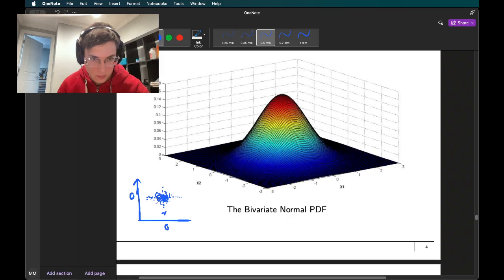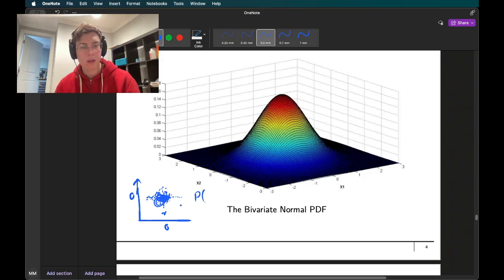So it's like a hump in 3 dimensions. The PDF has lots of points here. We can also represent it as a probability, but it's uncorrelated. It's very hard to explain.